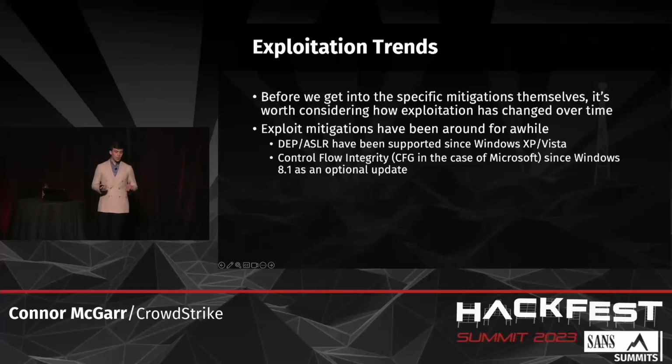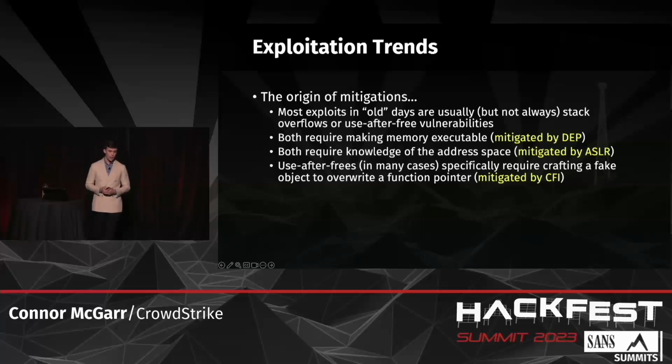Exploit mitigations, they've been around for a very long time. DEP, ASLR, I'm not going to talk about that because there's a dime a dozen white papers on those mitigations. You also have control flow integrity. And these mitigations really address stack overflow and use after free vulnerabilities, which historically, as exploitation grew, these were some of the more notorious vulnerability classes.